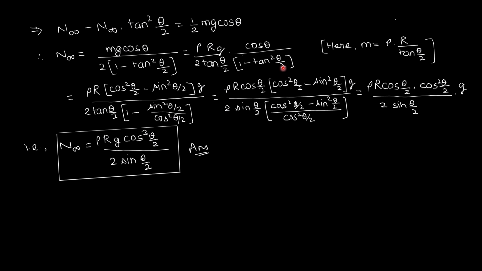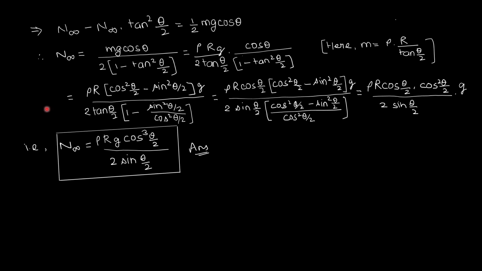Now we put the value of cos theta from the trigonometric identity: cos square theta by 2 minus sin square theta by 2 in place of cos theta, and sin square theta by 2 divided by cos square theta by 2 in place of tan square theta by 2.